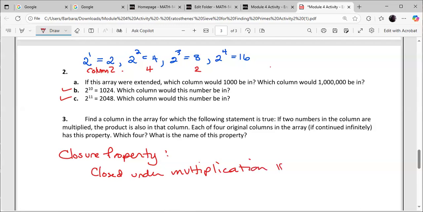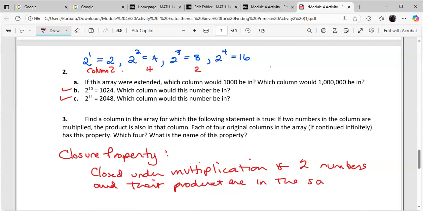So it's closed under multiplication if any two numbers and their products are in the same column.